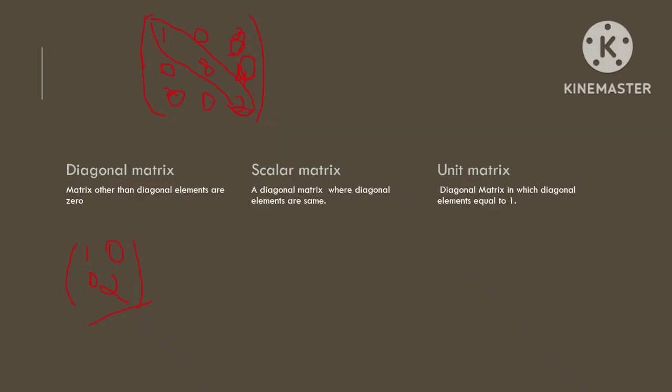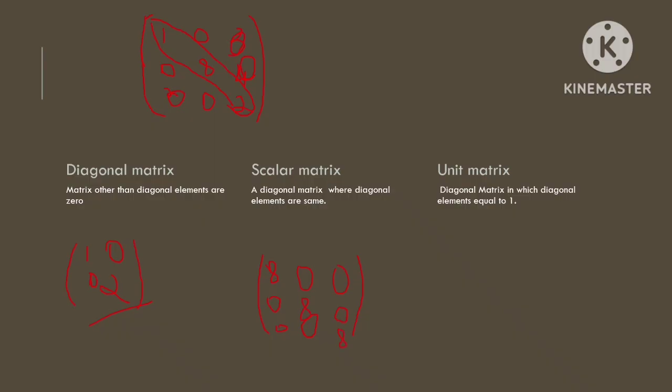Scalar matrix means, here 4, 4, 4, I'm writing a matrix here: 8, 0, 0, 0, 8, 0, 0, 0, and 8.